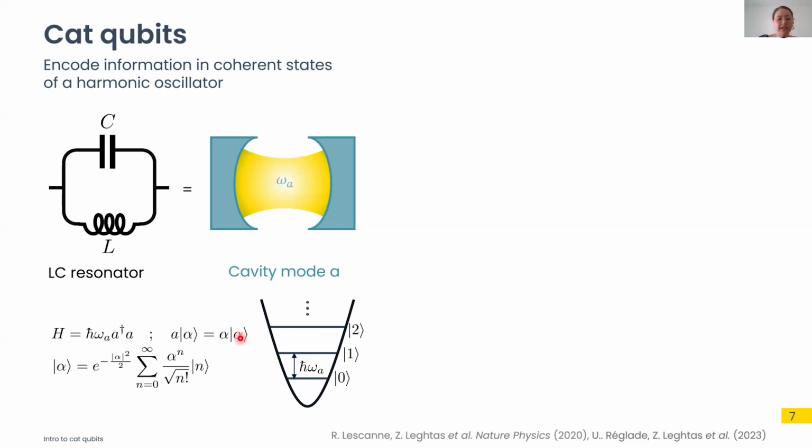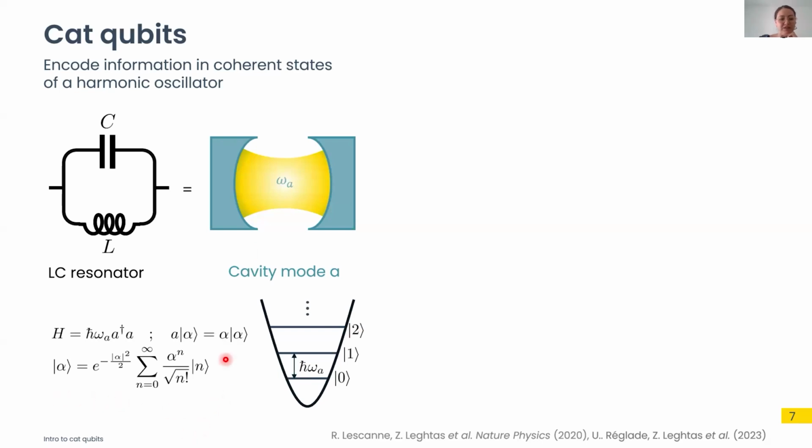And so when we look at the energy levels, then we have this infinite Hilbert space, where we have here the vacuum state, Fock state 0, Fock state 1, Fock state 2, etc., until infinity, and they're equally spaced by the energy h bar omega A. And so the way we're going to encode information in this infinitely large Hilbert space is by using coherent states.